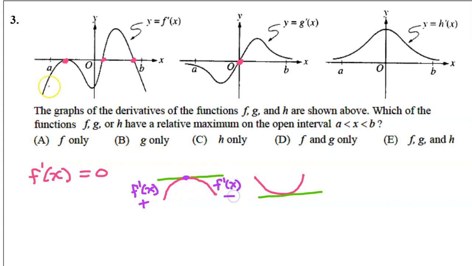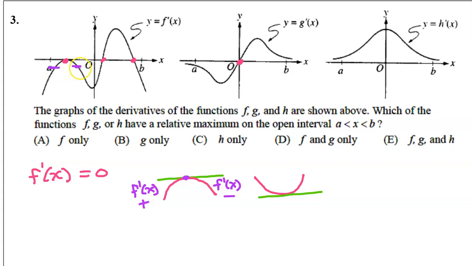So we need to analyze each of these points and see if f prime or g prime goes from positive to negative at the point that we are analyzing. So for this first point, f prime goes from negative, because it's below the x-axis, to negative again.